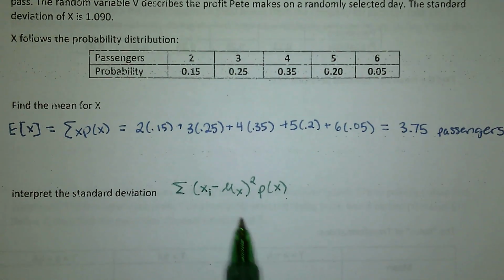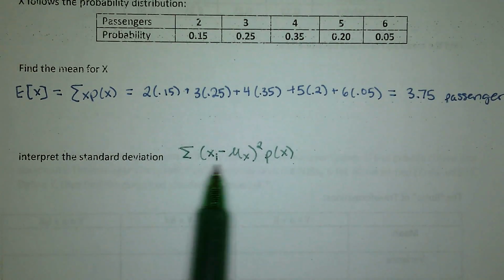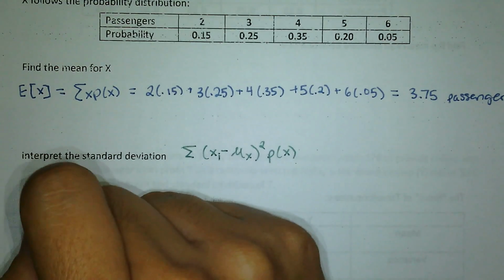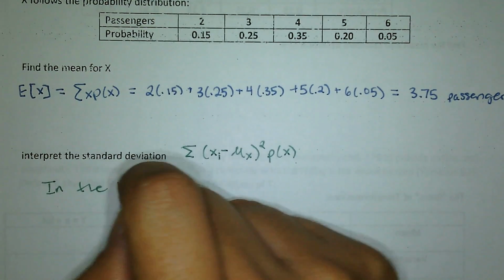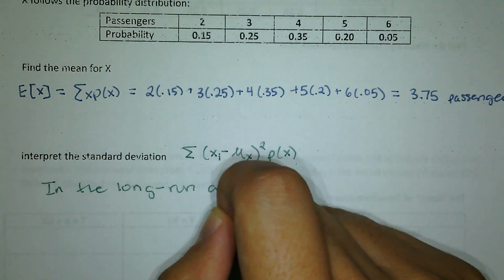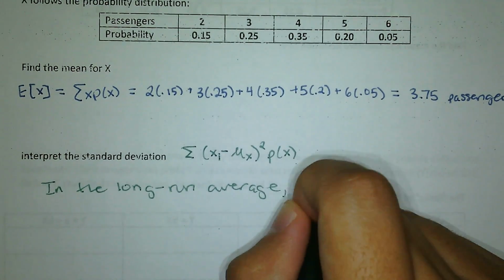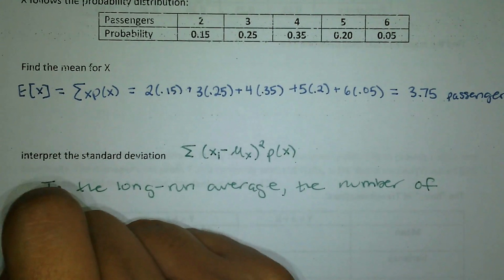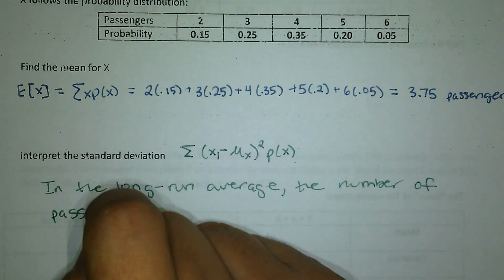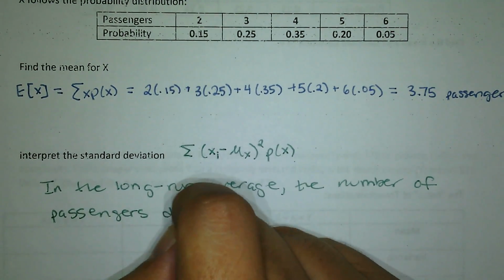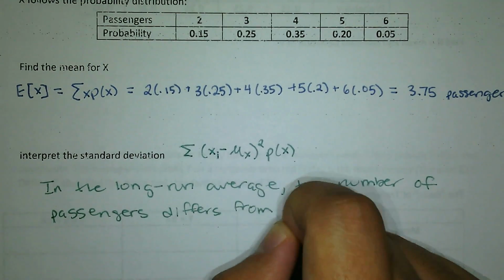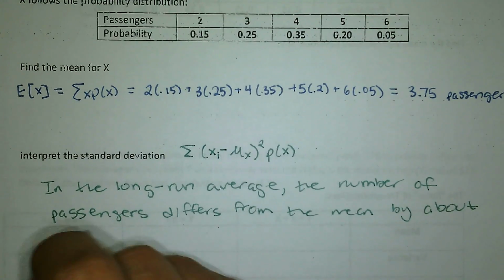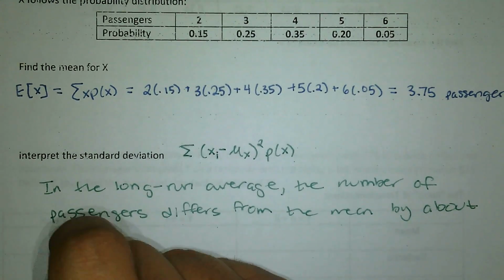And we can also use this to do our interpretation. So since we're looking at the difference from the observations and the mean, we know that in the long run average, the number of passengers differs from the mean by about 1.090 passengers.